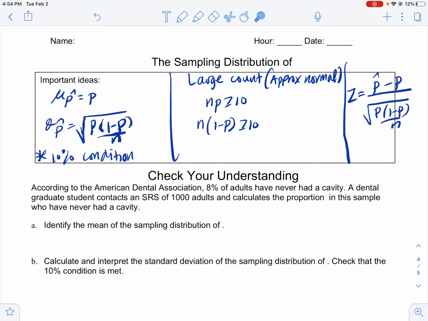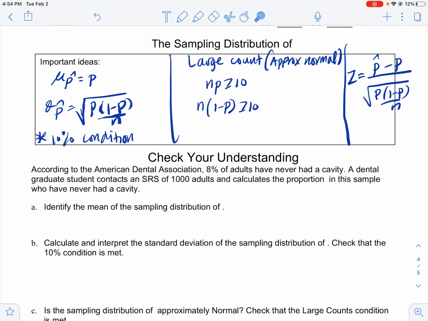Okay, according to the American Dental Association, 8% of adults have never had a cavity. A dental graduate student contacts an SRS of 1,000 adults and calculates the proportion in the sample who have never had a cavity. Identify the mean of the sampling distribution. So, this is not going to be the mean of X, the mean of the binomial, which is np, not anymore. We're talking about proportion here.